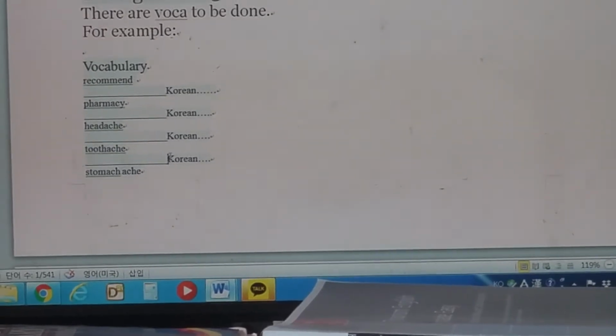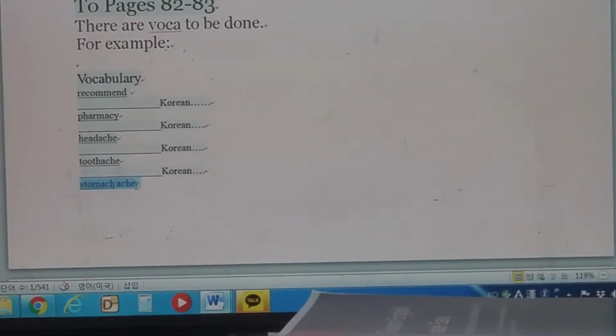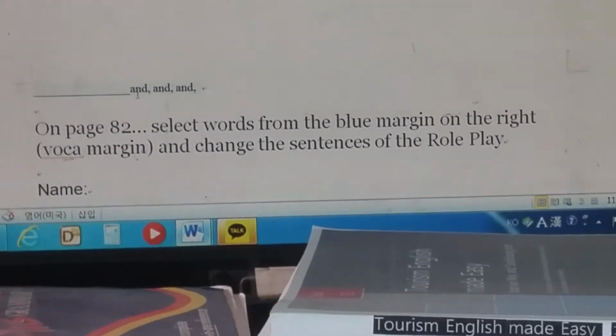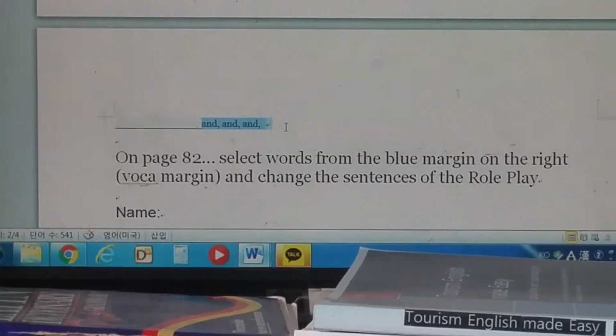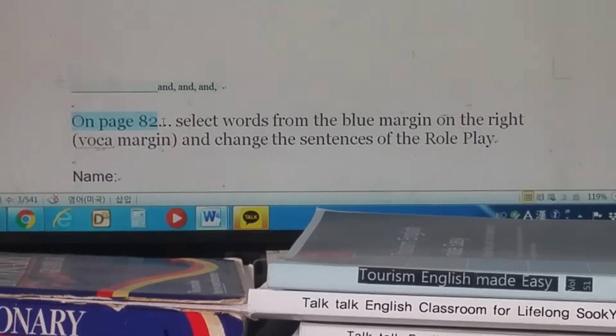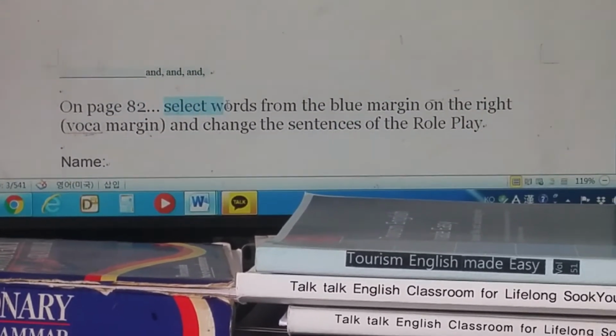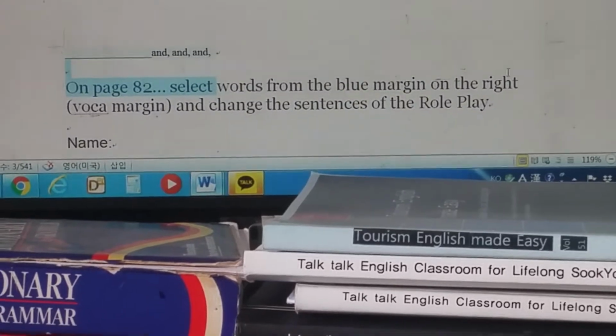Toothache. Korean. Stomach ache. Right. And then it says what? Now, on page 82, select words from the blue margin on the right.